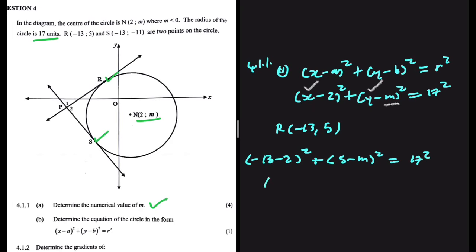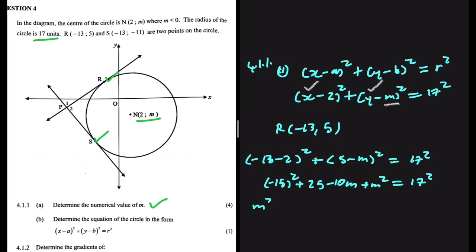Minus 13 minus 2, that is minus 15 squared, plus (5 minus m) squared. 5 times 5 is 25. 5 multiplied by minus m is minus 5m. You multiply that by 2, you get minus 10m. And then minus m multiplied by minus m, that is plus m squared. This is all equals to 17 squared.